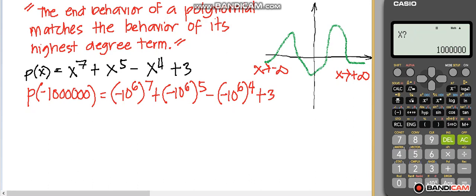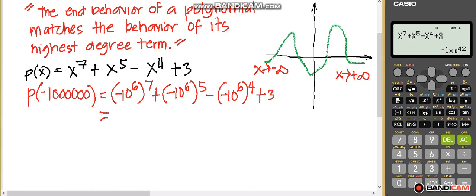Let's put in negative 1 million. So that's negative 10 raised to 6. So the value of our p of negative 1 million, or the value of the polynomial as x is approaching negative 1 million, will be negative 1 times 10 raised to 42. Okay, so let's write it. That's negative 1 times 10 raised to 42.